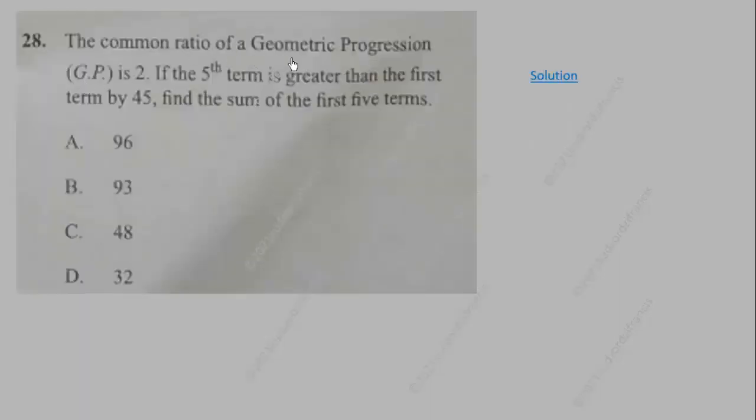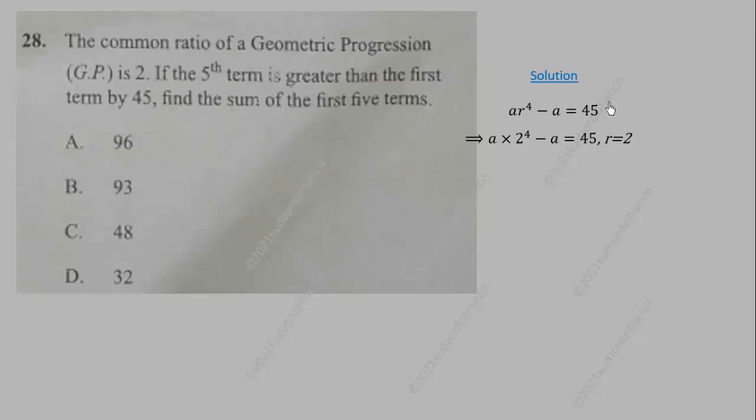The common ratio of a geometric progression is 2. If the fifth term is greater than the first term by 45, find the sum of the first 5 terms. So we're given that the fifth term is greater than the first term by 45.